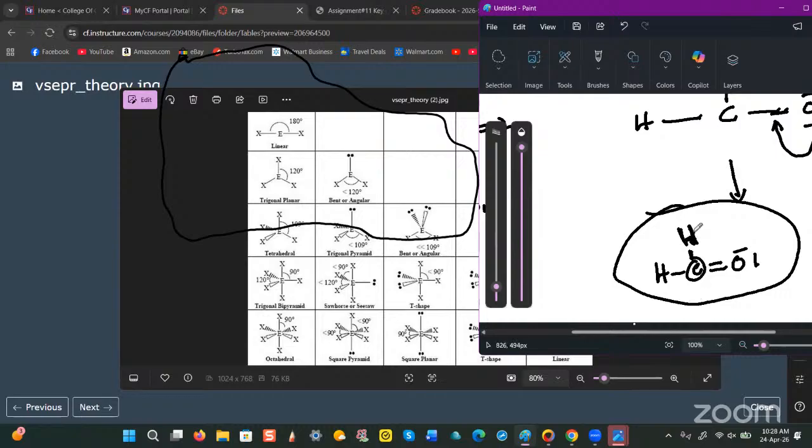If you have a central atom bonded to 3 other atoms, that looks like this arrangement right here, where you have the central atom bonded to 3 other atoms.